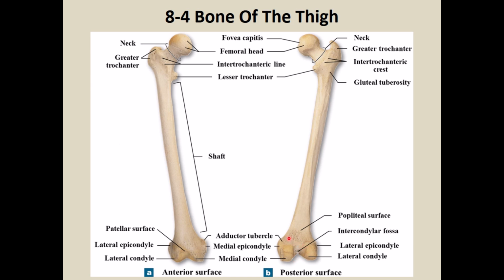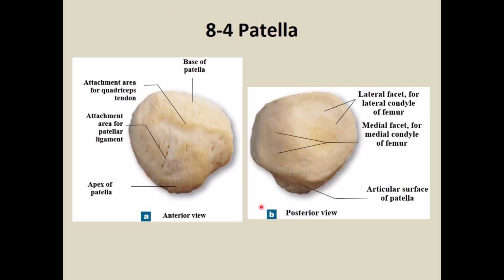And above that is another flat area called the popliteal fossa. This is just behind your knee. This is the patella. This is a sesamoid bone. It is more or less a triangular flat bone. This is the base and this is the tip.